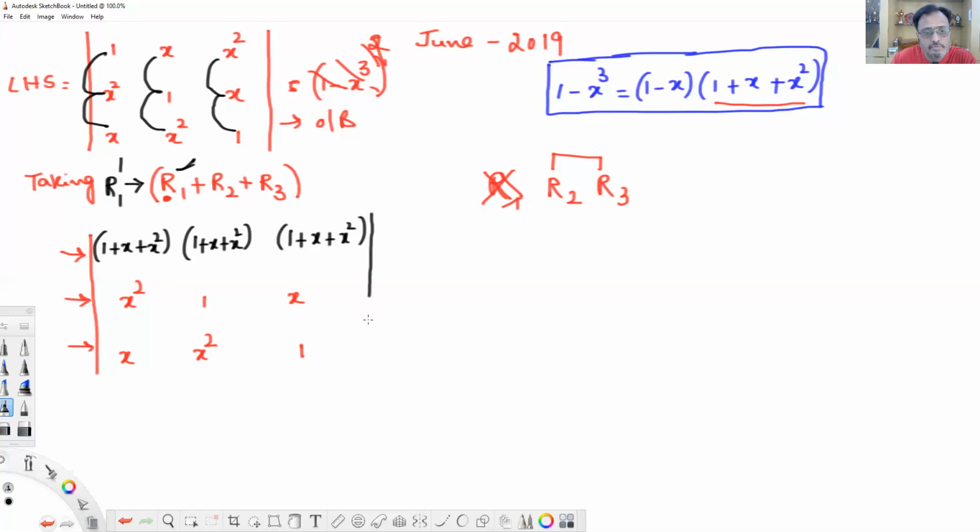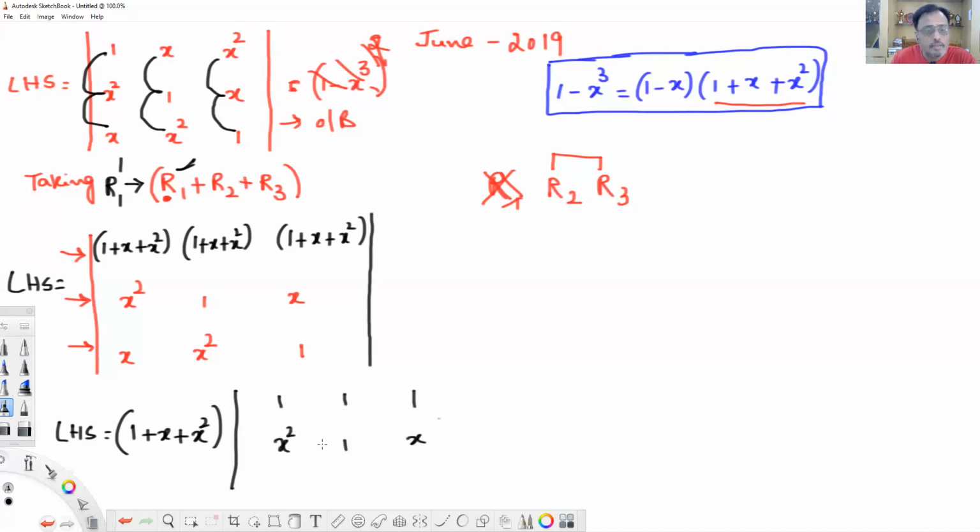So in the first row, this is LHS now. In the first row, 1 plus x plus x square is a common factor. Row-wise, you take it out and write 1, 1, 1, and x square, 1, x, x, x square, 1. This is 1 plus x plus x square.